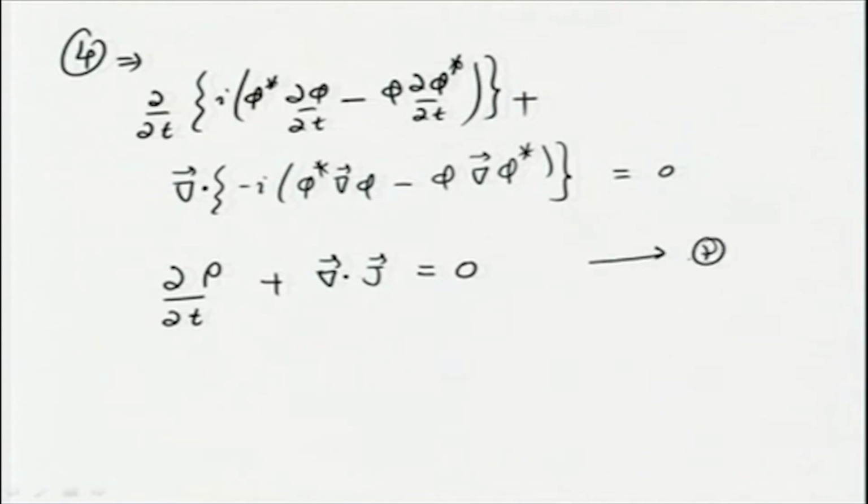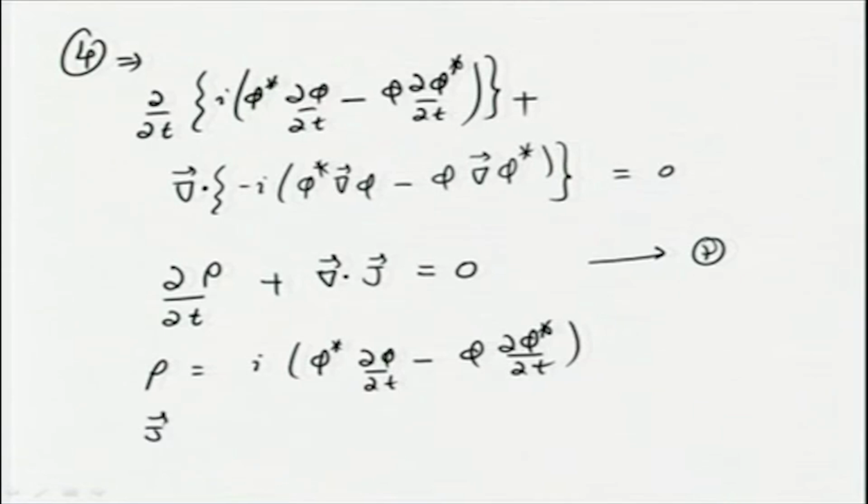So, this is one thing, where rho is equal to i (phi star ∂phi/∂t minus phi ∂phi star/∂t), and j is equal to minus i (phi star grad phi minus phi grad phi star).